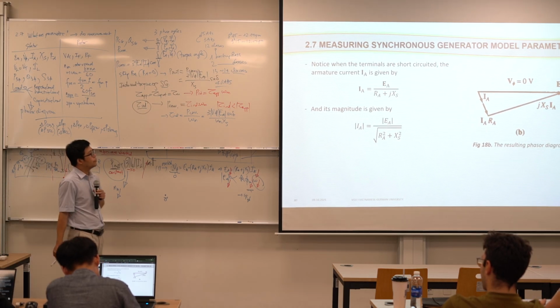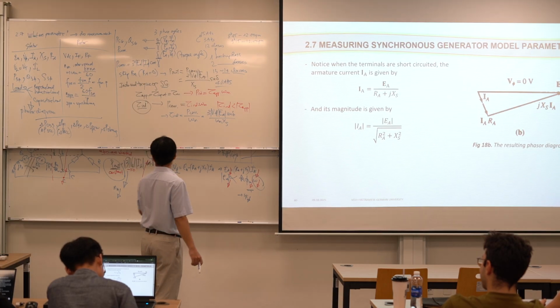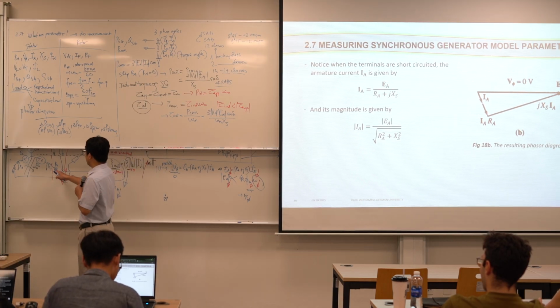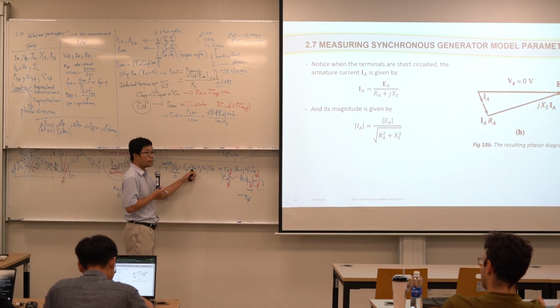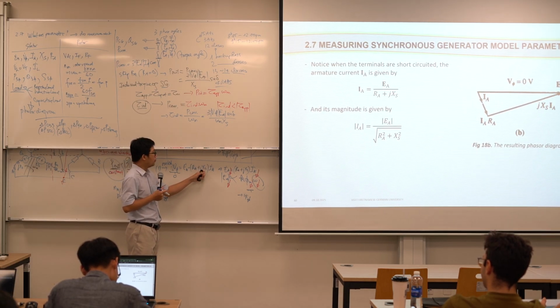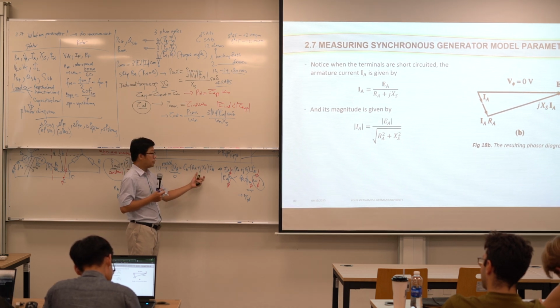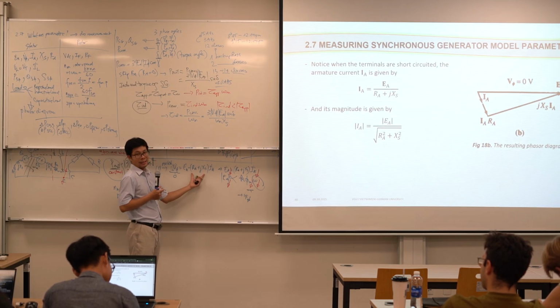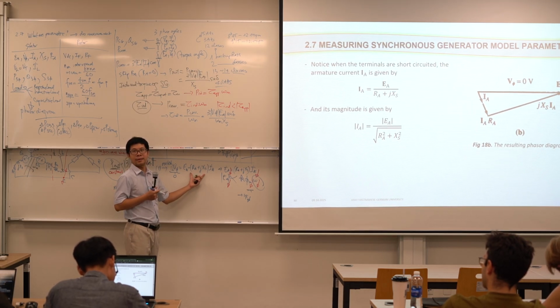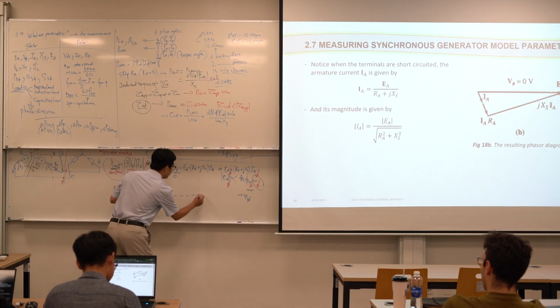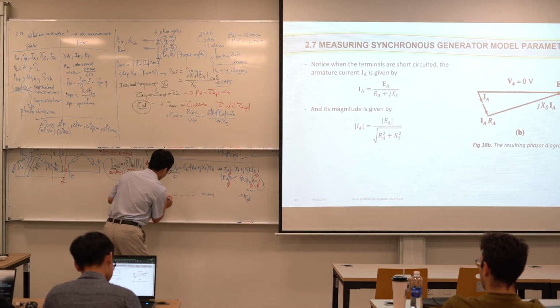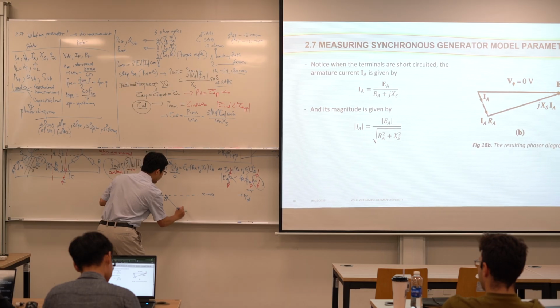So we have IA. Of course, here we have armature resistance and armature reactance. So this one is lagging. This is the x-axis, and this one is IA.